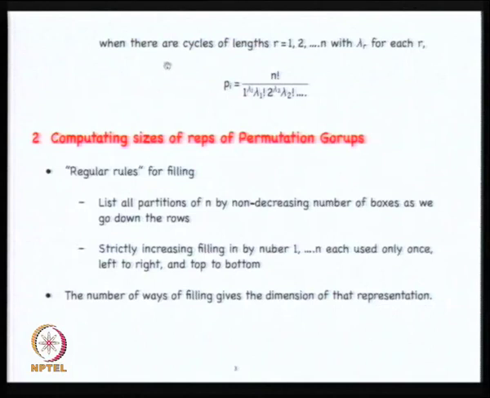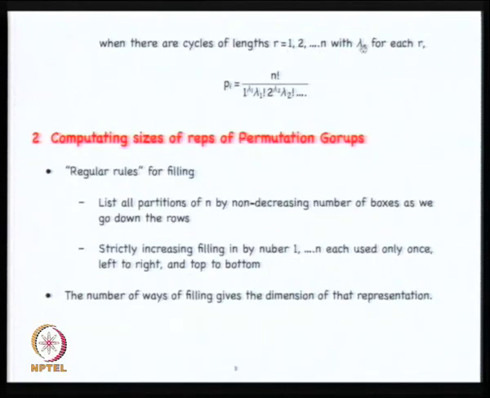So, that pi can be calculated as follows. Suppose I have a particular class which contains cycles of length 1, 2, 3, maximum it can have a cycle of length n, and suppose there are lambda r cycles of size r. So, 2 cycles, or 5 2-cycles, or 3 2-cycles, whatever.